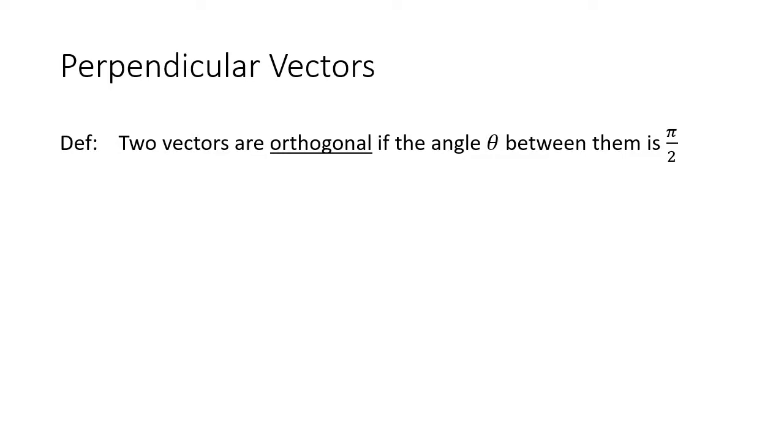Let's talk about another definition, orthogonal. So if the angle between two vectors is pi/2, or 90 degrees, we call those vectors orthogonal. And so orthogonal and perpendicular are essentially synonyms in this case.